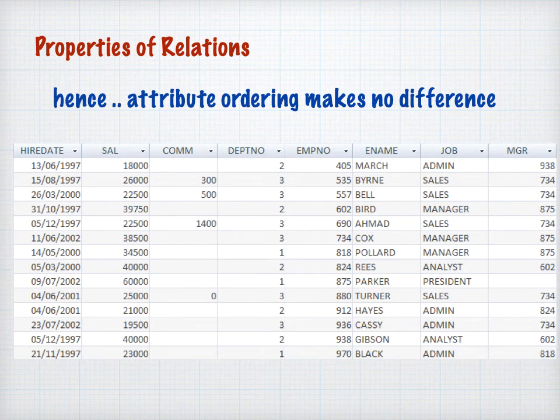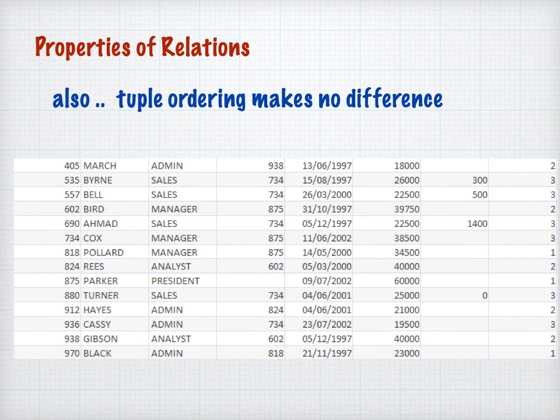And if you think about it, you'll notice that if you travel along one particular row, even though we've reordered the bits of data, each row is still valid. That data is still the same. It doesn't matter whether we've got hire date first and ename second, or ename first and hire date second. It's still the same. Attribute ordering doesn't make any difference here. Similarly then, tuple ordering doesn't make any difference either.